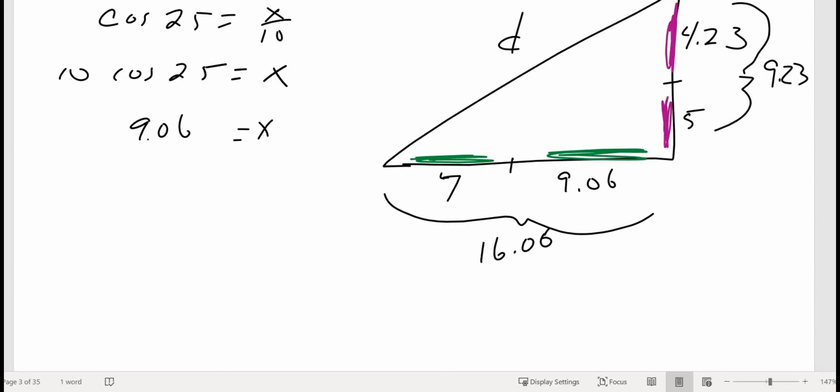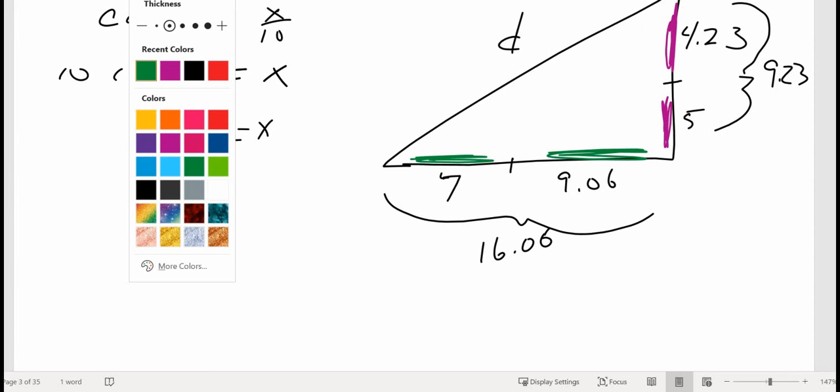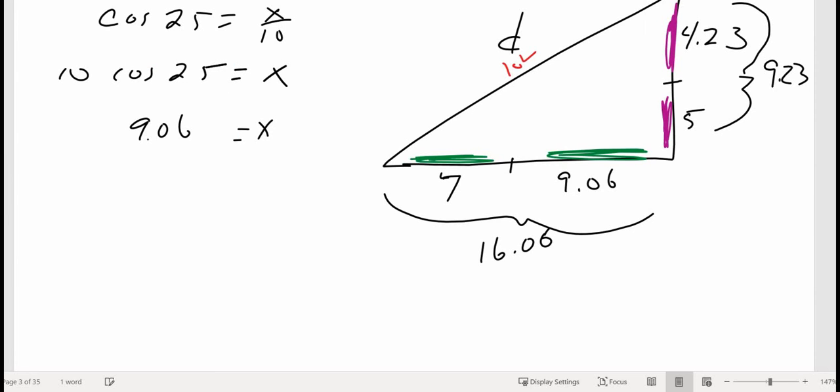The hypotenuse is always the one across from the right angle. That was easy to identify, because this over here would be the long side, right? So it's always short squared plus short squared equals the long squared. That would give me 16.06 squared plus 9.23 squared equals that long side squared.